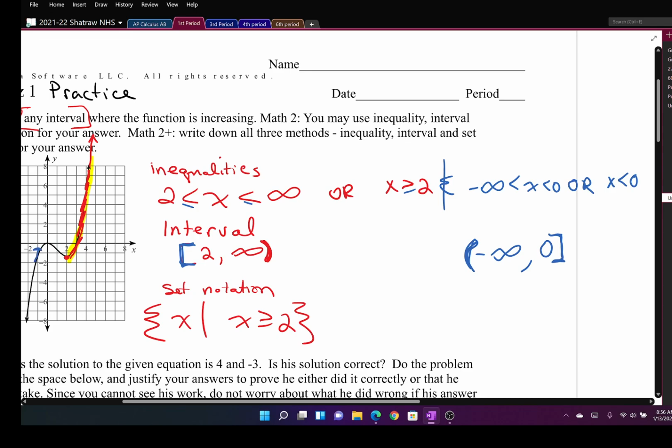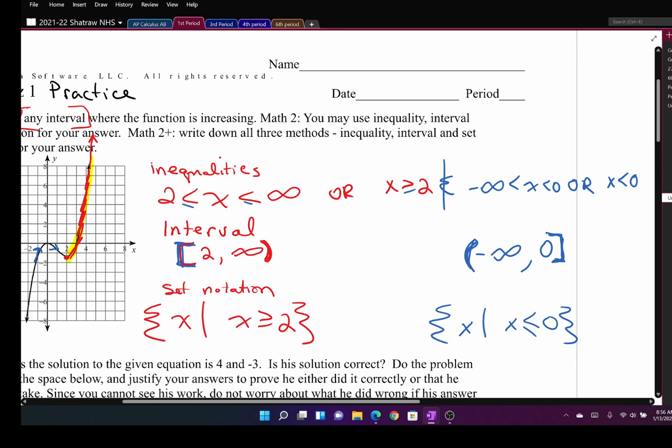If I'm looking at it, it goes up and then it starts coming down. At that part, it doesn't matter if you have an open bracket or a closed bracket. All right, for set notation, I would say the set of all x such that x was less than 0. And like I said, you could even say equal to 0. It's totally up to you. That part doesn't matter at all.